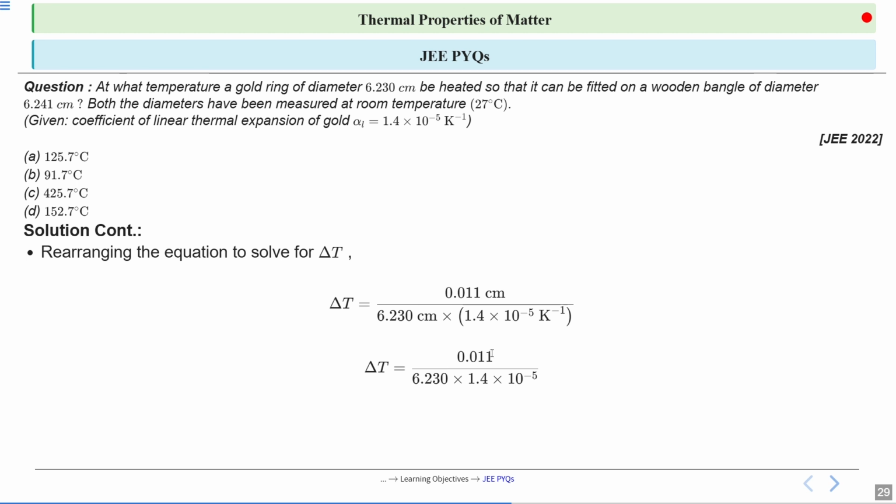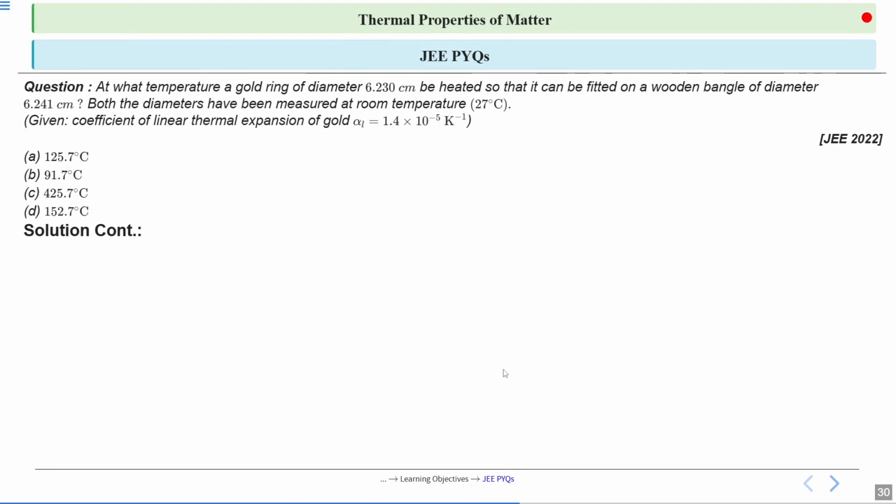So it will be 0.011 divided by 6.230 into 1.4 into 10 raised to the power minus 5. Solving for delta T, delta T is equal to 0.011 divided by 8.722 into 10 raised to the power minus 5. So it will be 126.0.